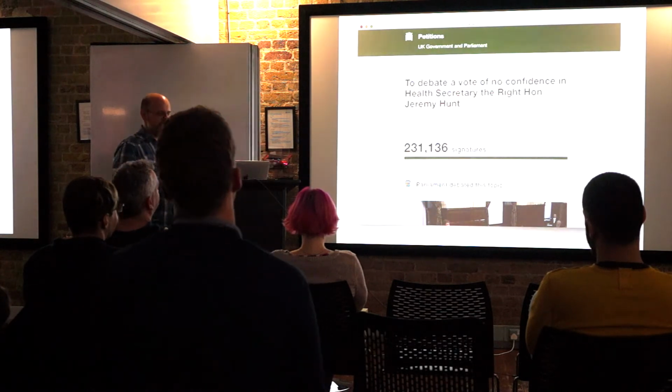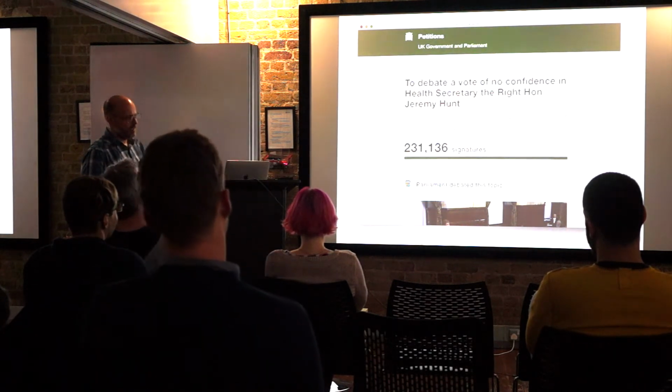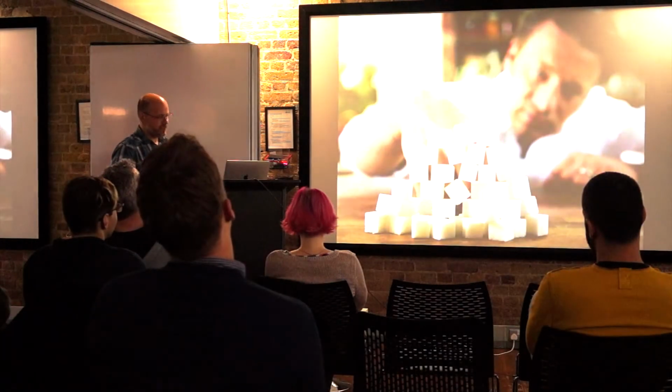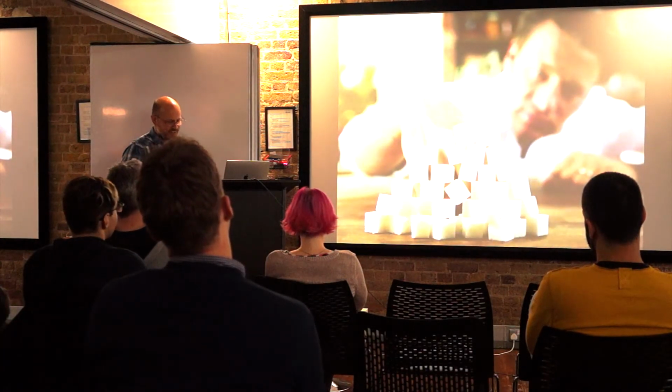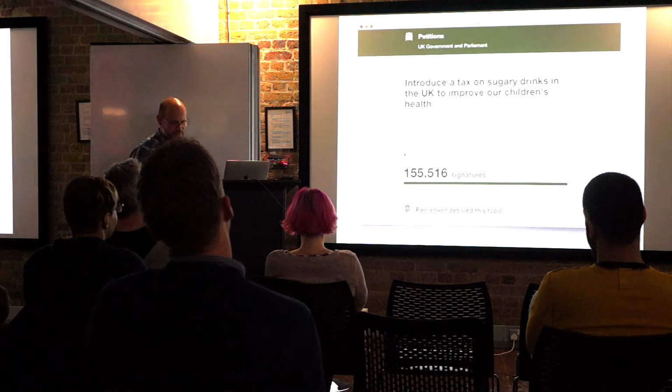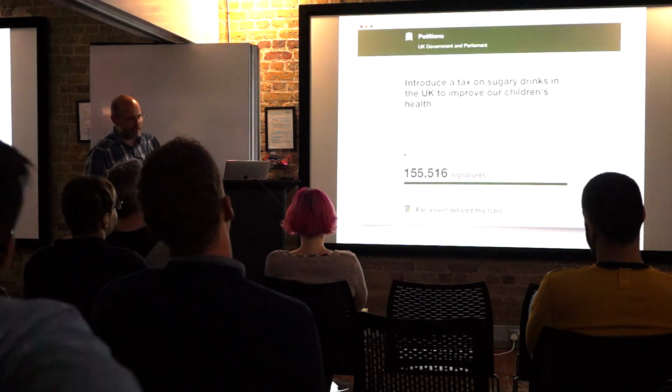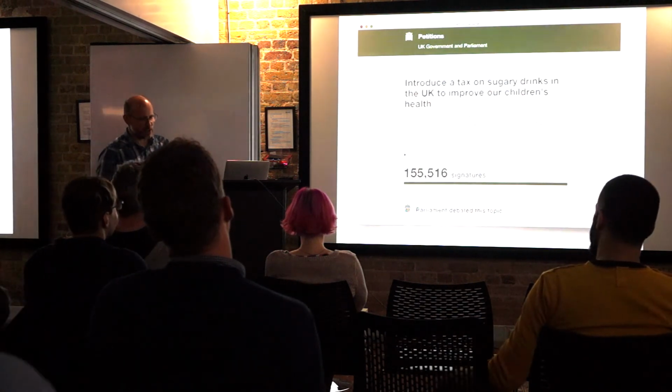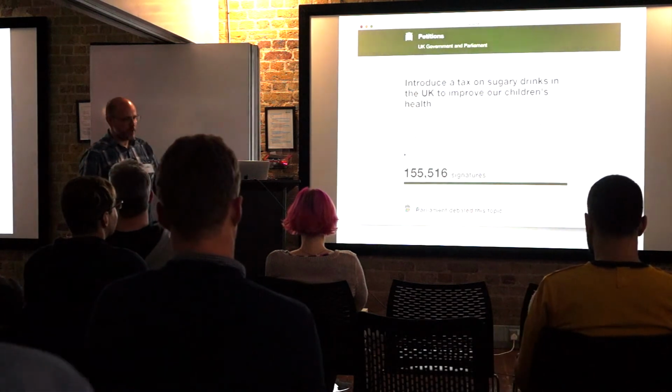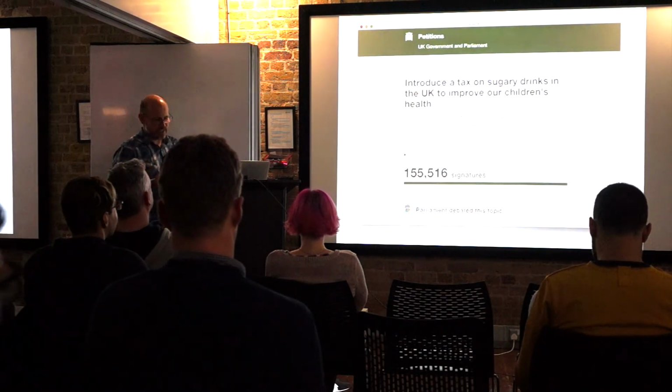So we were congratulating ourselves on a job well done. But that warm and fuzzy feeling didn't last too long. At the end of August 2015, Jamie Oliver launched a public campaign for a tax on sugary drinks. At the same time, another petition was trending and getting a lot of signatures.